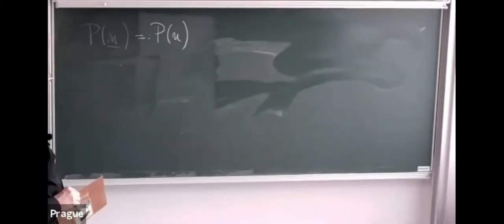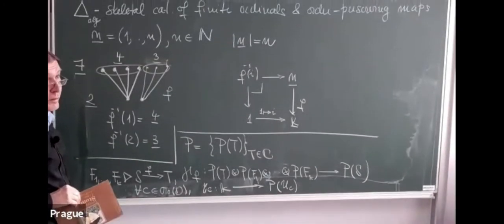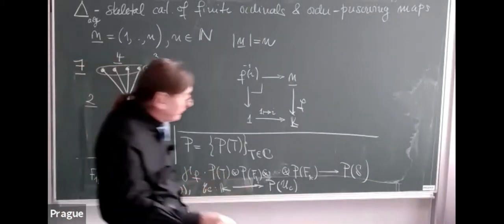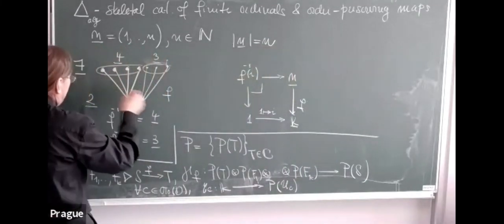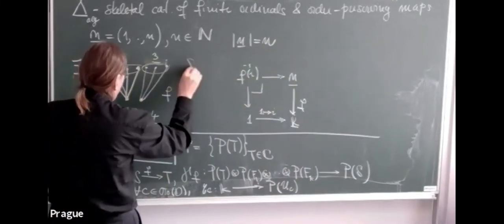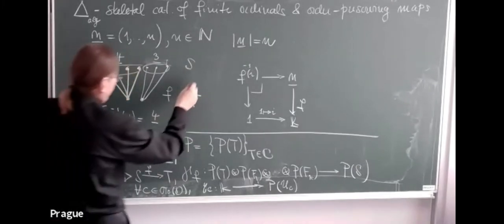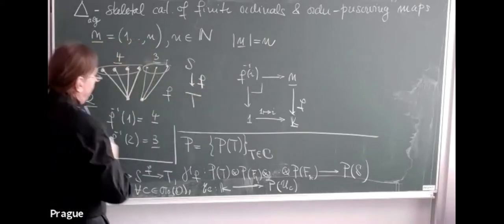So now I'm going to analyze what operads for the category delta are, and I was going to recall this picture, which you can still remember. So what are the fibers? This is S in the notation for definition of operad. This is my F, and these are the fibers.